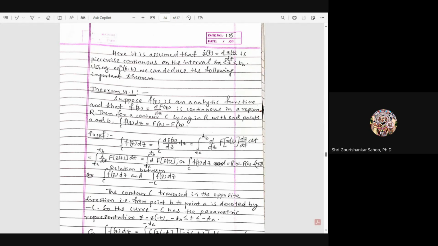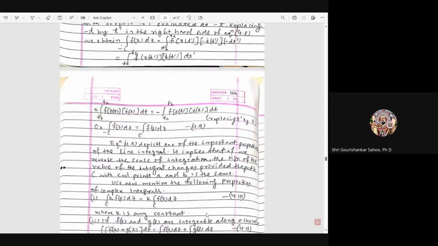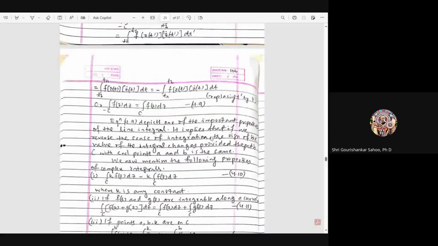Now let us have a theorem. It is called Darboux's inequality, and I showed you this in the course material.